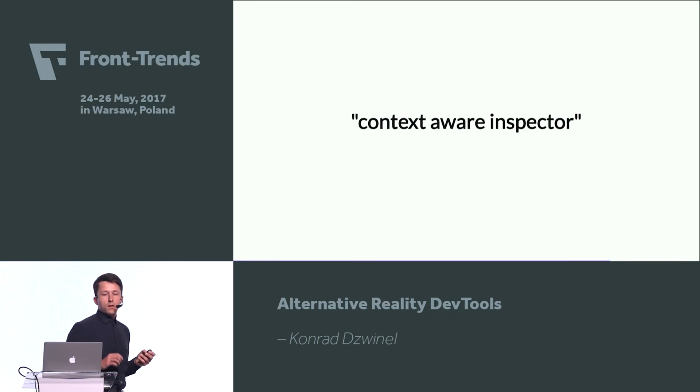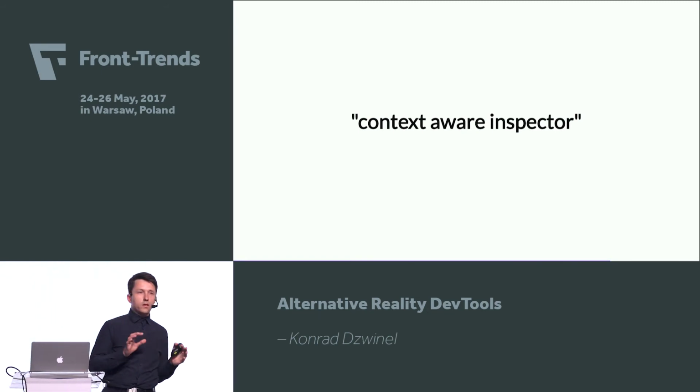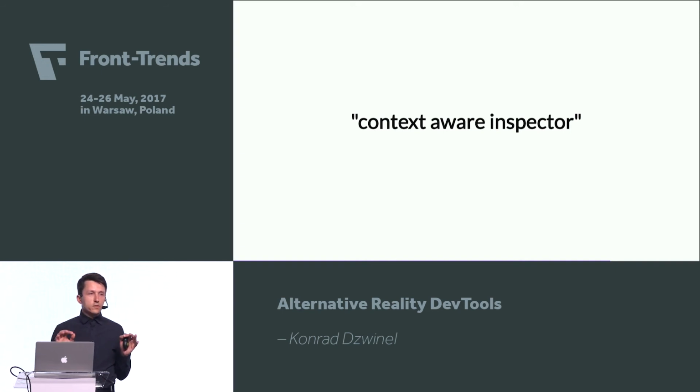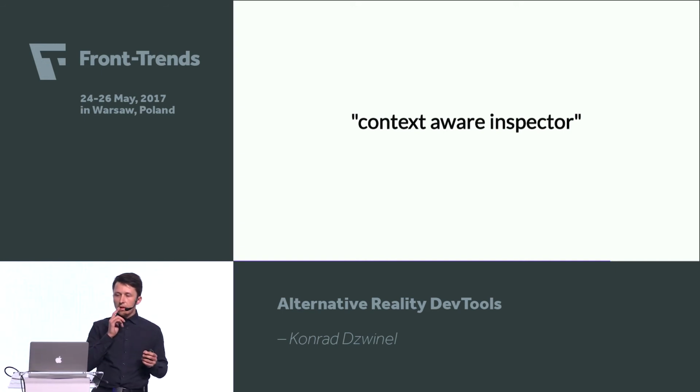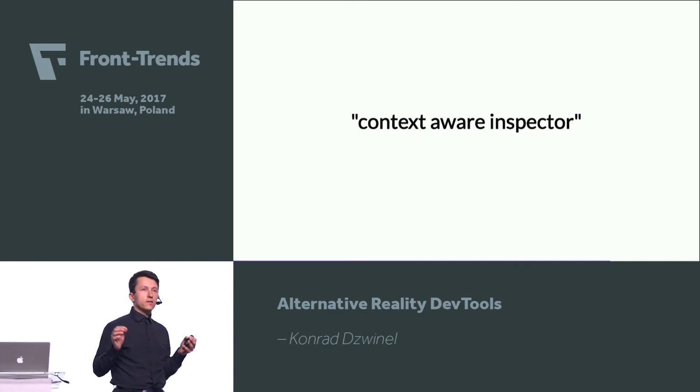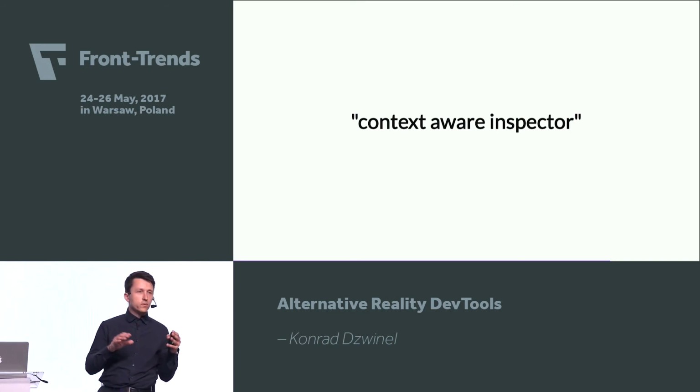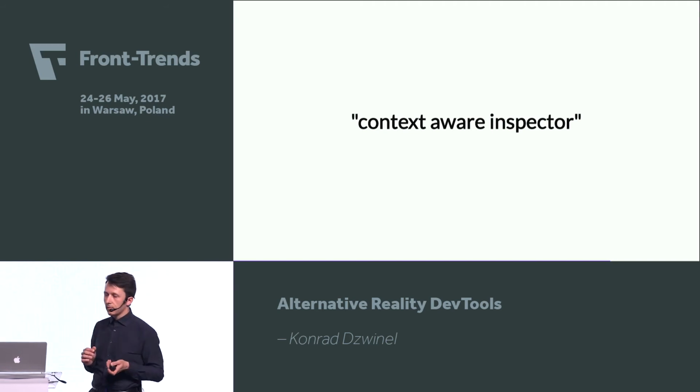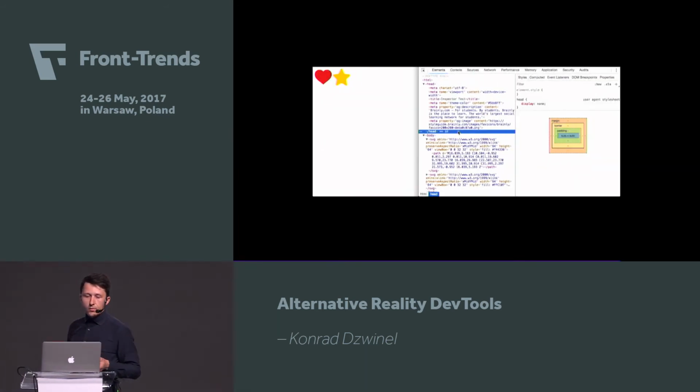So I really like the idea of the ContextAware Inspector that I showed you in the Unity. And for many elements in DOM, it doesn't make sense to change the styles, for example, for meta tags. So I thought I can create something a bit more useful.